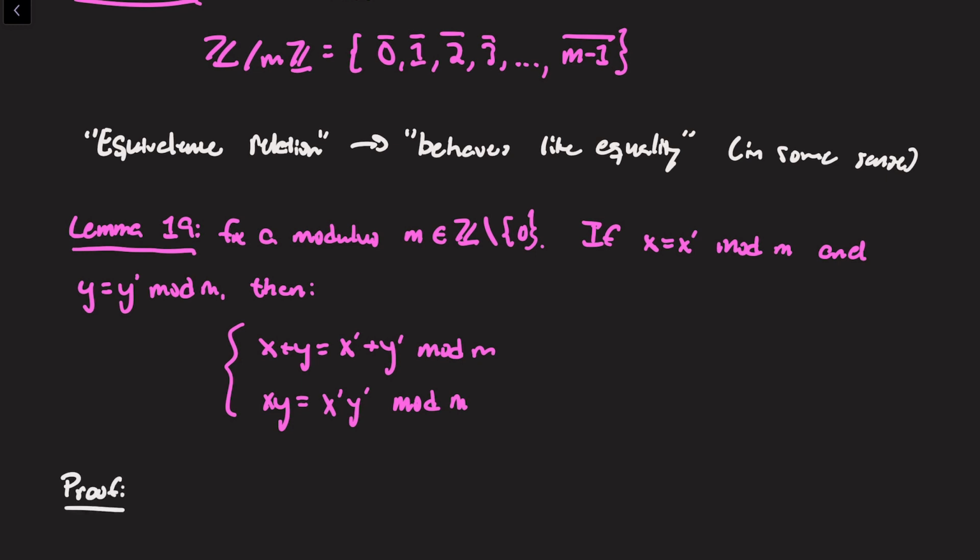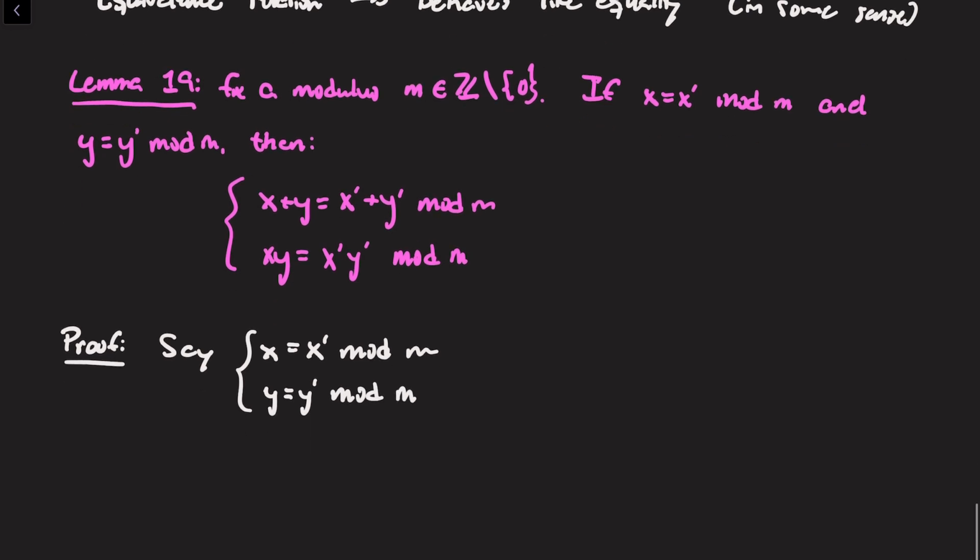So say x equals x prime mod m and y equals y prime mod m. Well, then these mean that there exist integers k and l such that mk equals x minus x prime, or actually I think we want to do it like this, equals x prime minus x.